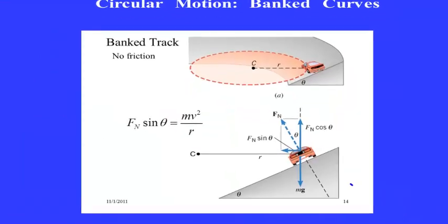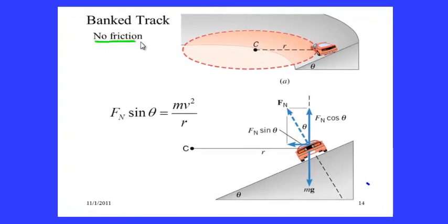Okay, this is the no friction scenario. It's that sweet spot right in the middle where the car is going sort of a medium speed, I guess. It's just about to start sliding down the ramp. And in that situation, the only centripetal force would be the horizontal component of the normal force. So that's that sweet spot right in the middle.